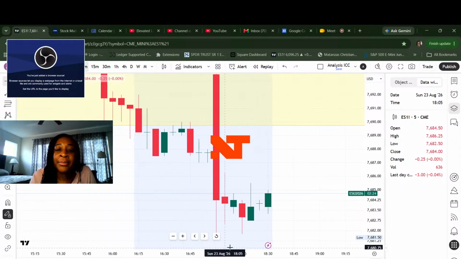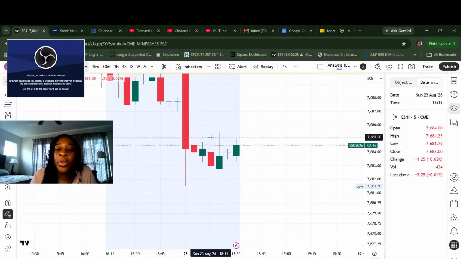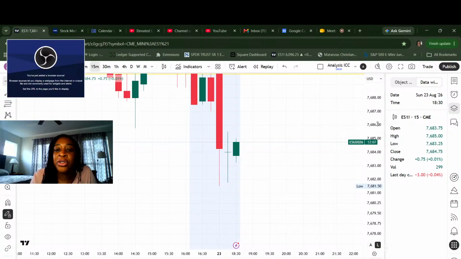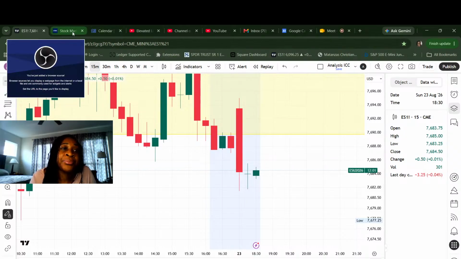There's a flat bottom down there, so it may not go up much. You see lots of candles in the same zone. The term used is consolidation. The market is consolidating right now. It hasn't really made a true directional move. But there's a setup here that looks like the market might push up.